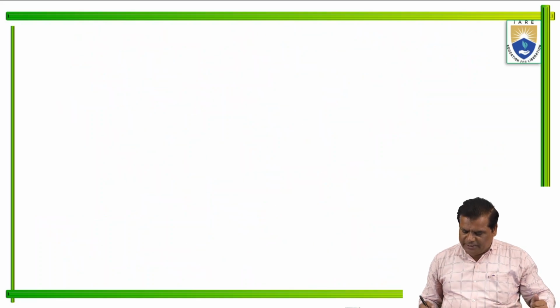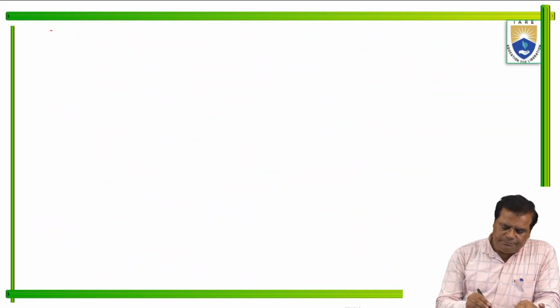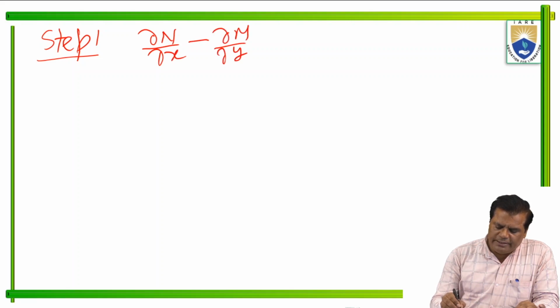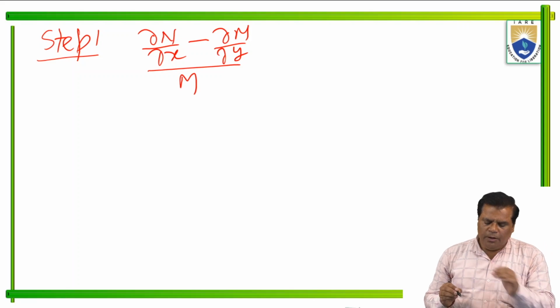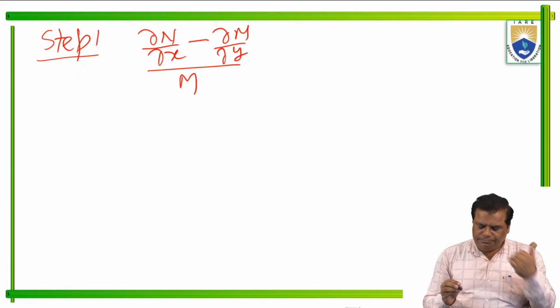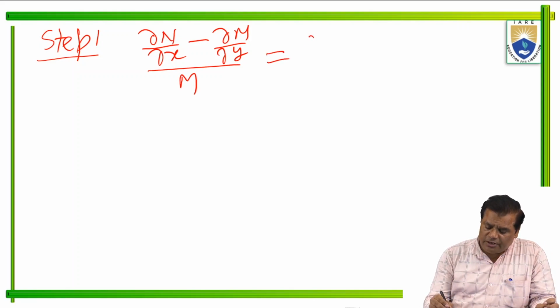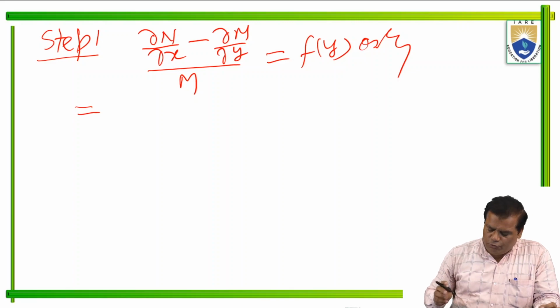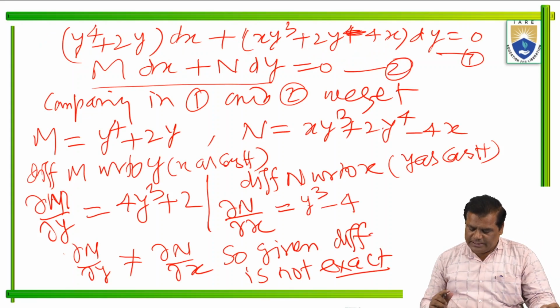Here we use step 1: del N over del x minus del M over del y, upon M, should be a function of y only. So now finding it. What is del N over del x?